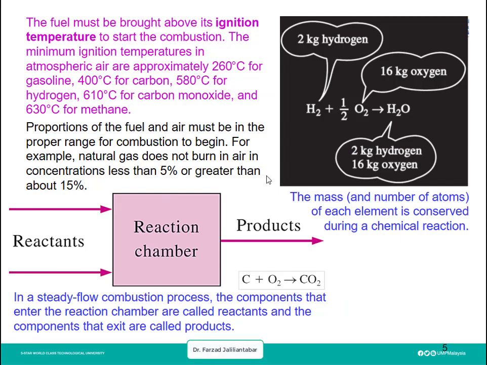However, combustion is the result of the combination or reaction of the fuel and air. We usually need some conditions to have combustion. First, the fuel should be above its ignition temperature to start the combustion.